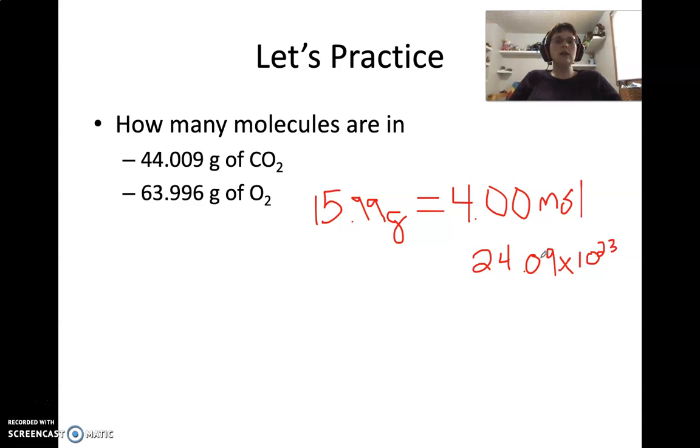It's okay if you write it this way. Technically, you should move the decimal point and do it as 2.409 times 10 to the 24th. I would accept either answer. Okay.